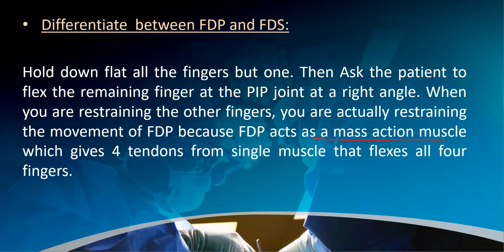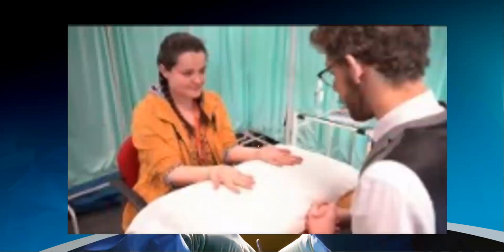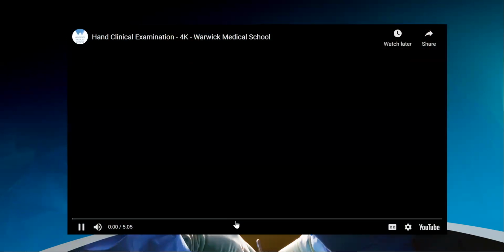Only FDS is helping with the PIP joint flexion. That's how you can differentiate between the injury of FDS and FDP. I know this is hard, right? Okay. Do you guys understand a little bit of it? This is how we are going to do that.